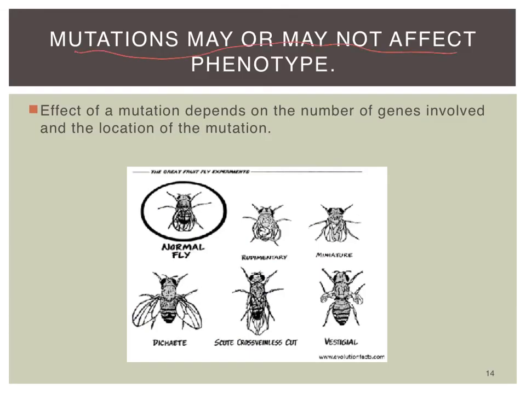Mutations may or may not affect the phenotype or the expression of the trait in the organism. The effects of mutations depend on the number of genes involved and the location of the mutation. If a bunch of genes are involved, you would probably expect a relatively major impact.